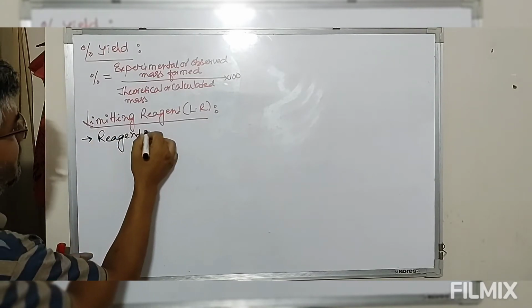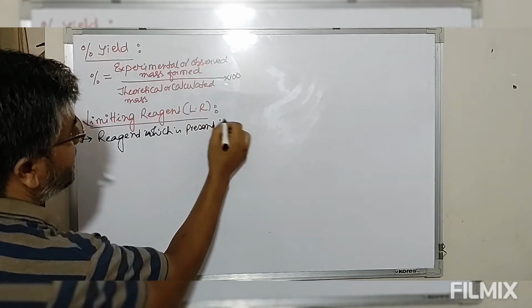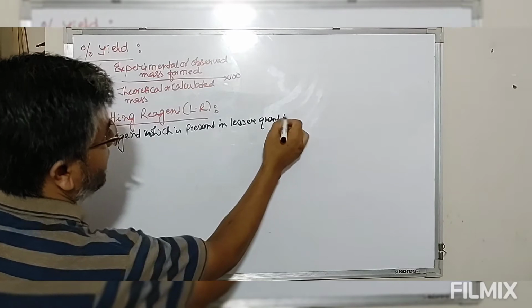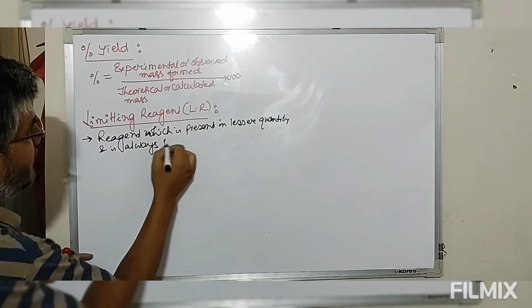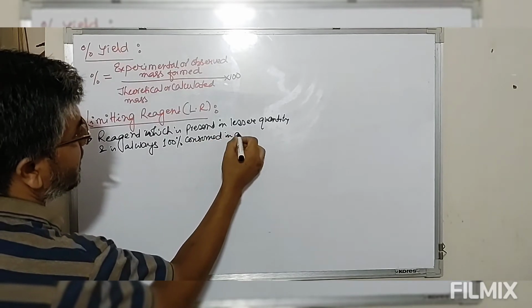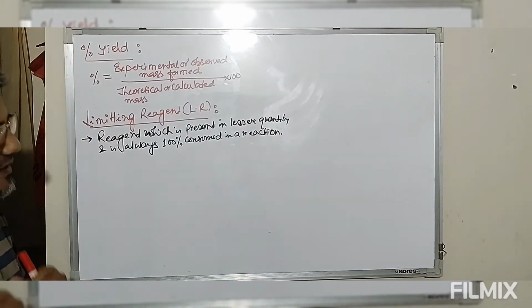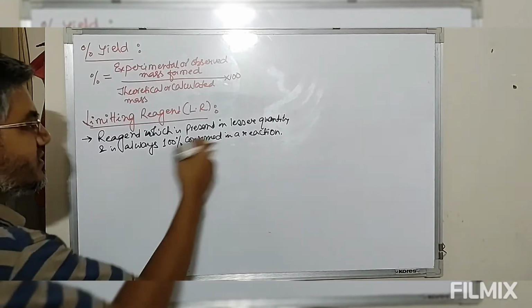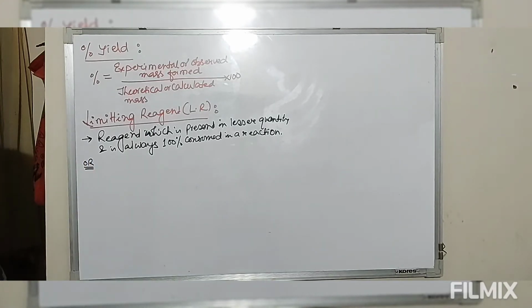A reagent which is present in lesser quantity and is always 100% consumed in a reaction is known as a limiting reagent.